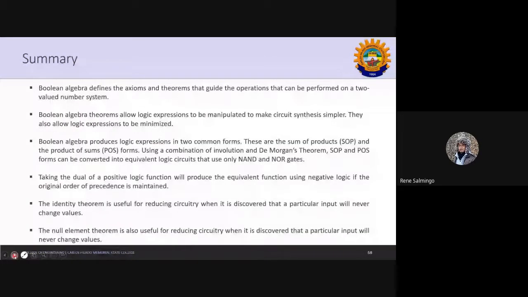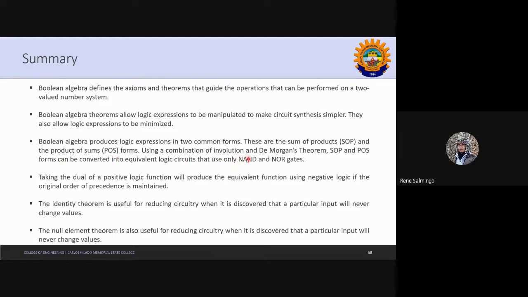For the summary, Boolean algebra defines the axioms and theorems that guide the operations that can be performed on a two-valued number system, and it allows logic expressions to be manipulated to make circuit synthesis simpler, and also allows logic expressions to be minimized. Boolean algebra produces logic expressions in two common forms: sum of products and product of sums.